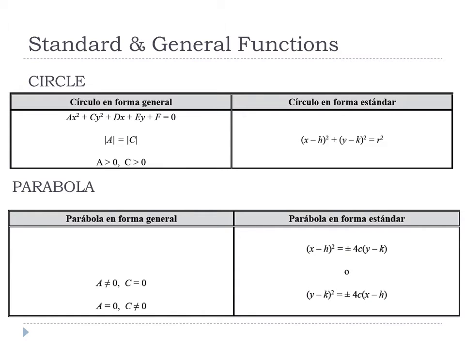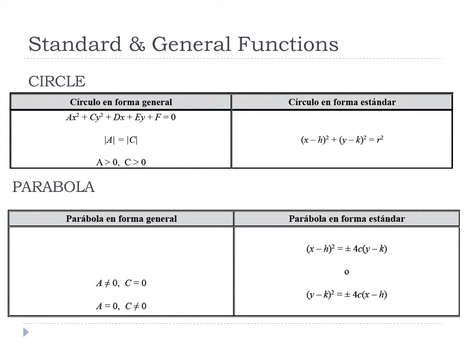So in order to find out what type of conic section you have, you first have to look at the general formula. If you have the standard, well, you already know the parts of the standard and how it's written. But in the case of the general, you have to look at A and C, namely the two terms that are squared.